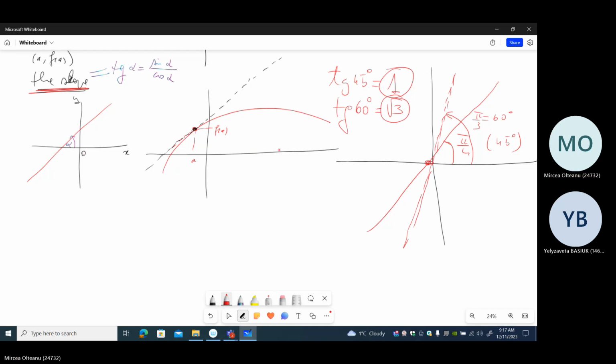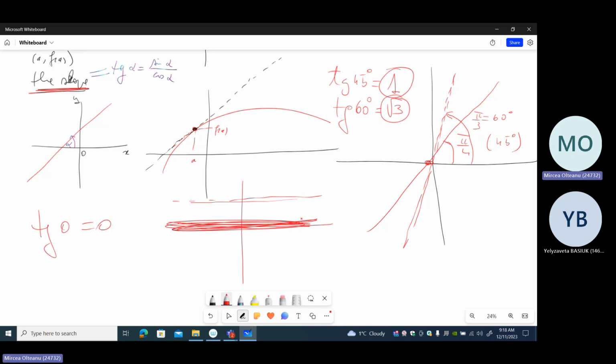For example, if our straight line is the horizontal axis, or any other straight line parallel with it, the angle is 0. The tangent of 0 is 0. So the horizontal straight lines have the slope 0.